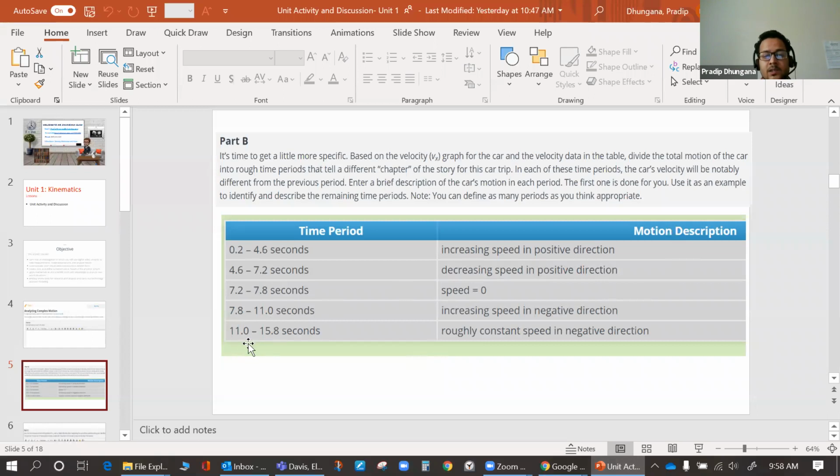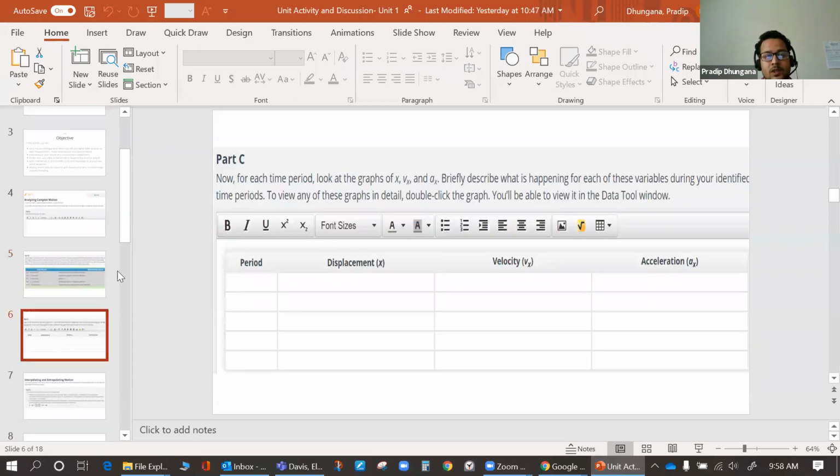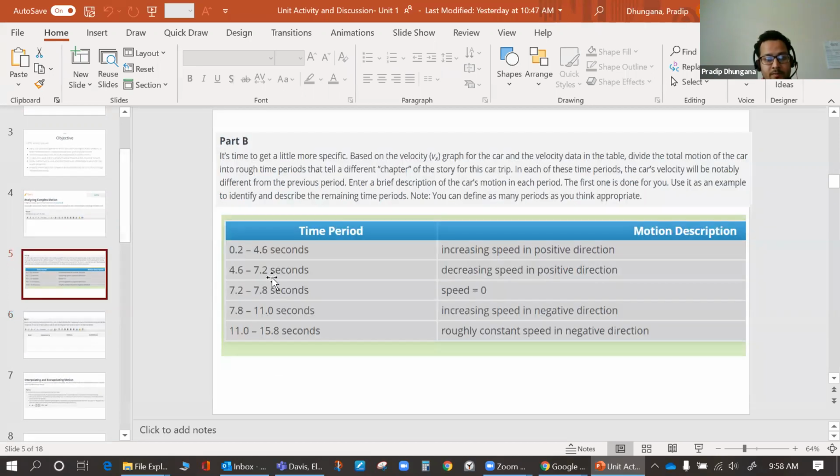And here at the end, 11.0 to 15.8 seconds, roughly constant speed in a negative direction. So you can pick those time periods for your reference and describe the motion of the car for that specific time period. After that, we'll go to part C. Now for each time period, that means you'll use the same time periods again.